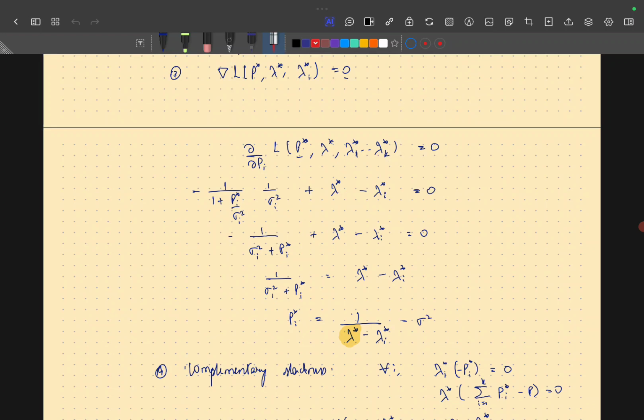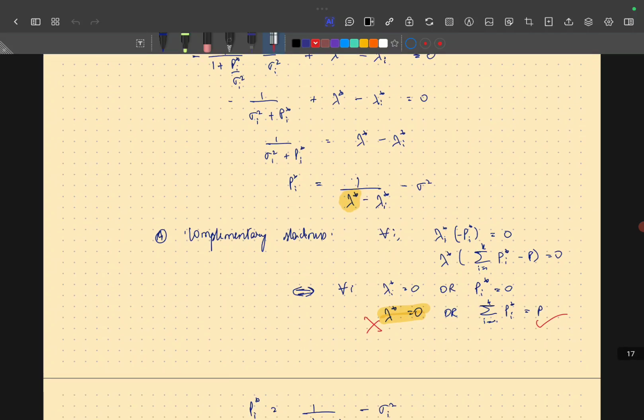We set the gradient to be equal to 0, based on which we got this relationship between p_i star, lambda star, and lambda_i star. All right. So p_i star, remember these are necessary conditions. So if you have a solution, then the solution must satisfy p_i star equal to 1 by (lambda star minus lambda_i star) minus sigma_i squared.